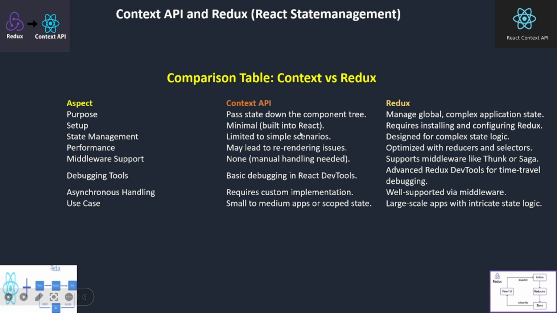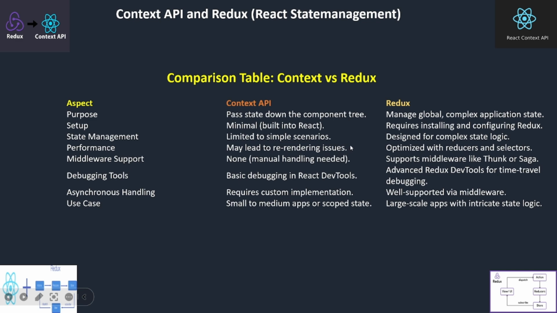Setup is minimal, built into React. It comes with React, guys, no need to do any extra thing. Redux requires installing and configuring, as I showed you, npm install, and you need to install Redux and React Redux, guys. State management with Context is limited to simple scenarios, but Redux is designed for complex state logic.